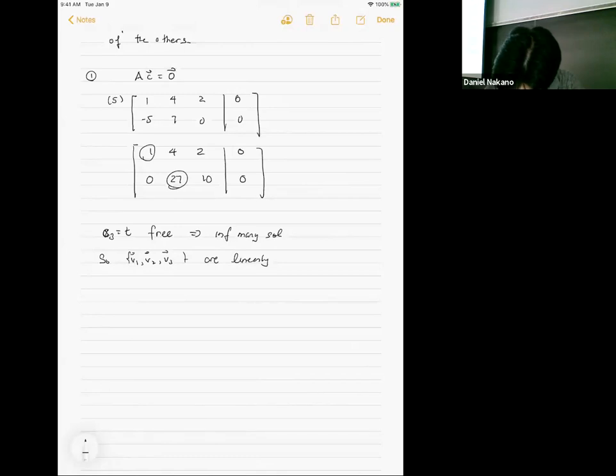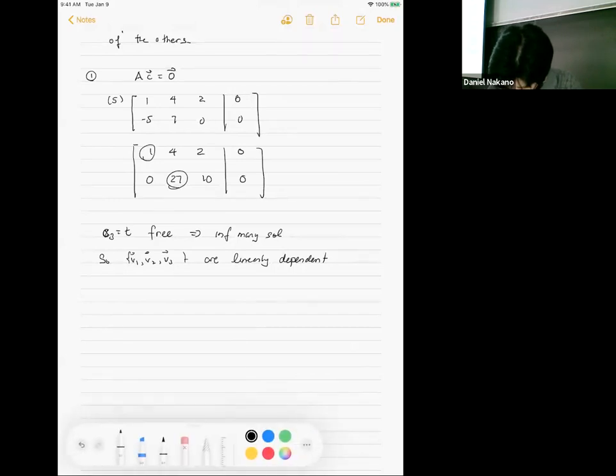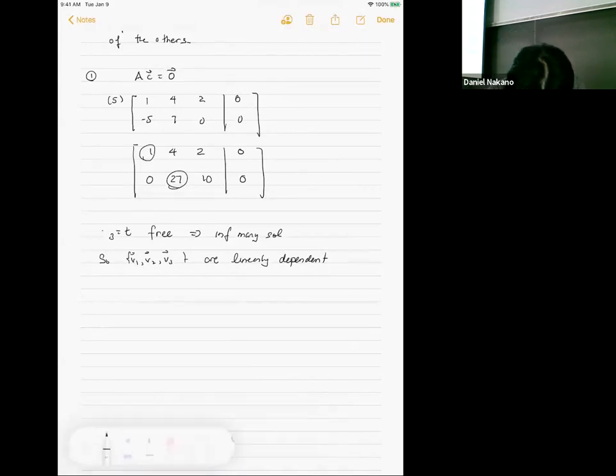Linearly dependent. Well, let me clean it up a little bit. Okay, any questions on the first part?